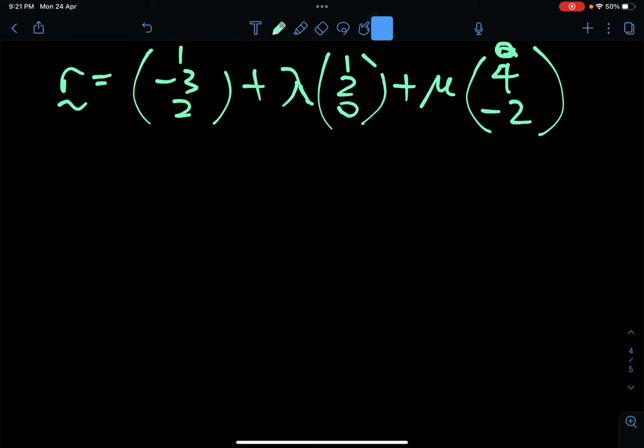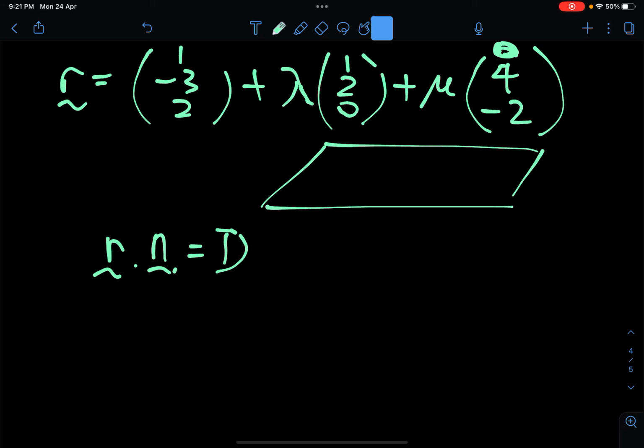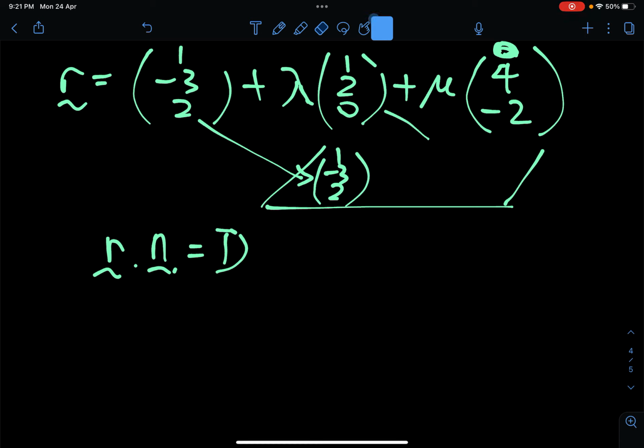Okay, this converts the vector equation into the r dot n equals d format. Just to recap, this is a point on the plane, say 1, -3, 2, and these are just two vectors on the plane.